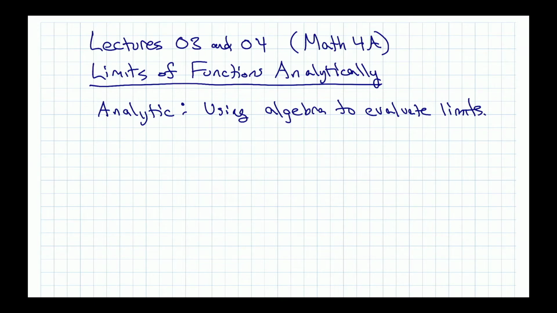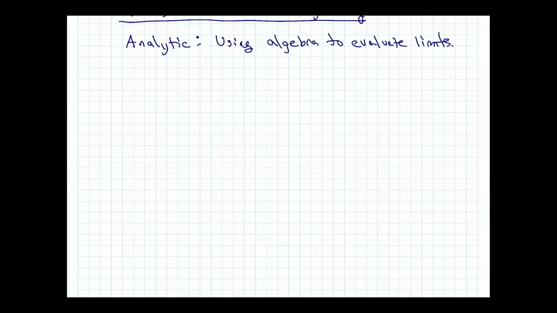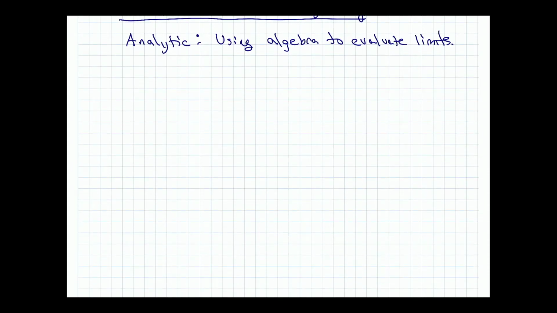So before we do much, what I want to do is just remind us of what we ought to be able to do now. So from previous sections looking at limits, maybe we ought to know this. If not, then you're learning it now. So some limit stuff that we know.